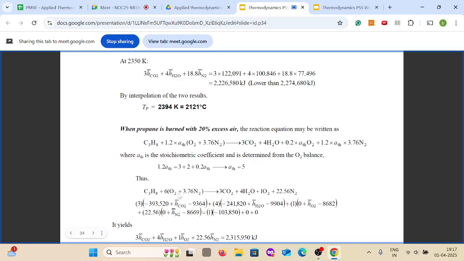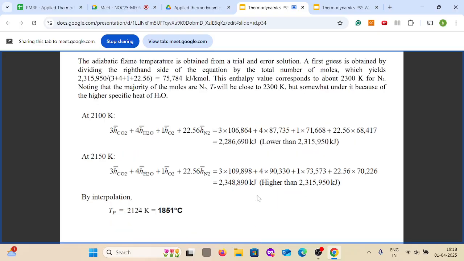So similarly, for adiabatic flame temperature, the enthalpy of product will be equal to the enthalpy of reactant. Substituting, this is how the expression will look. We have 3 moles of CO2 plus 4 moles of water, same as previous, and now additionally we have 1 mole of oxygen plus 22.56 moles of nitrogen, giving 23,15,950 kilojoule.